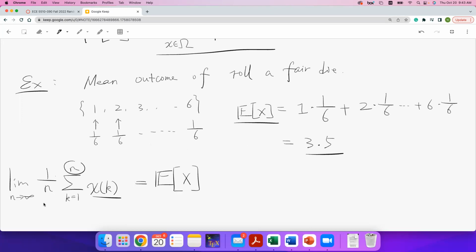So it's a limit of an empirical evaluation of the average case. So this does not necessarily fall into the outcome space.